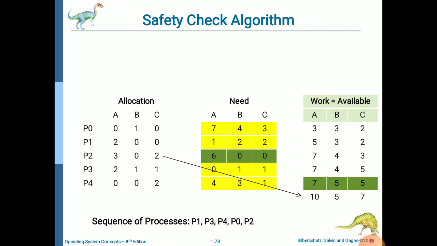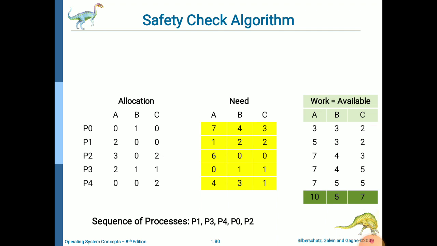So like this we got all the resources back, and the processes are executed in the sequence: P1 first, P3 second, P4 third, P0 fourth, and P2 last. So in this order they are executed.